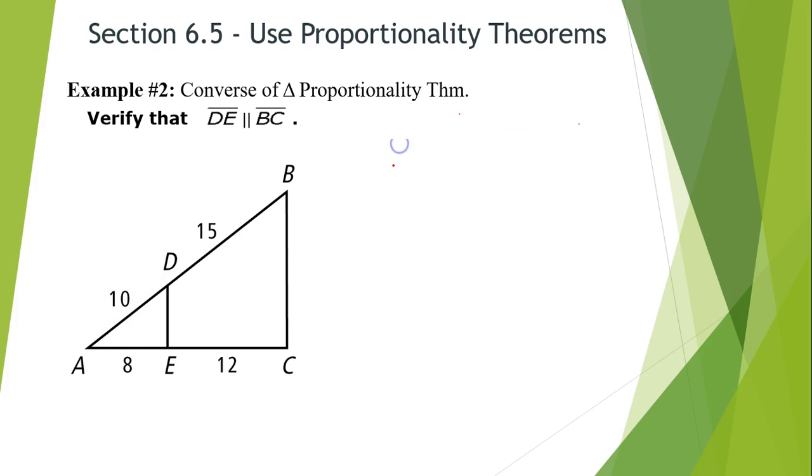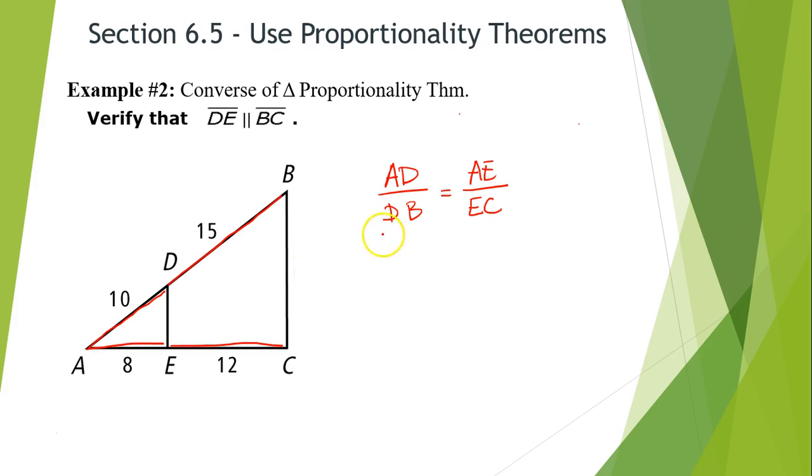So to verify that these two segments are parallel, this proportionality statement must be true, that AD over DB is equal to AE over EC. So this segment over this one is equal to this segment over this one, is what I just stated.